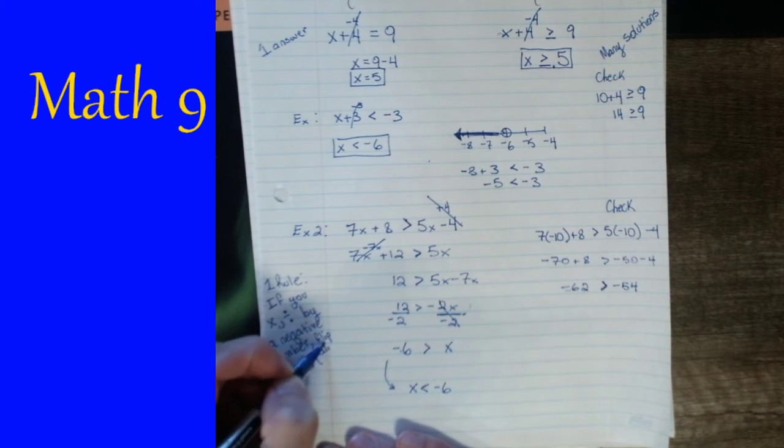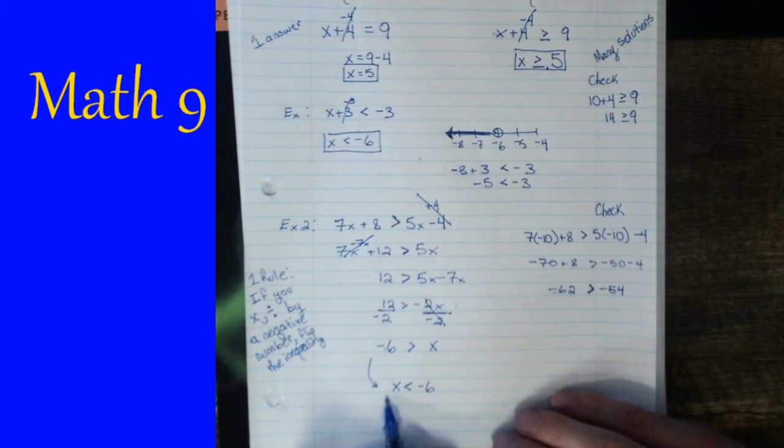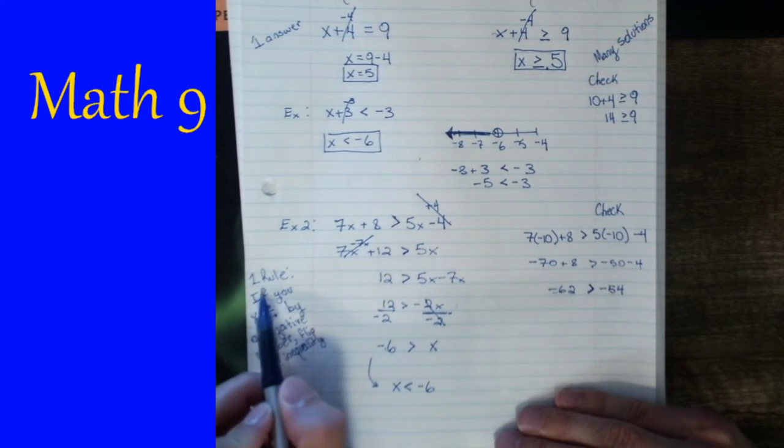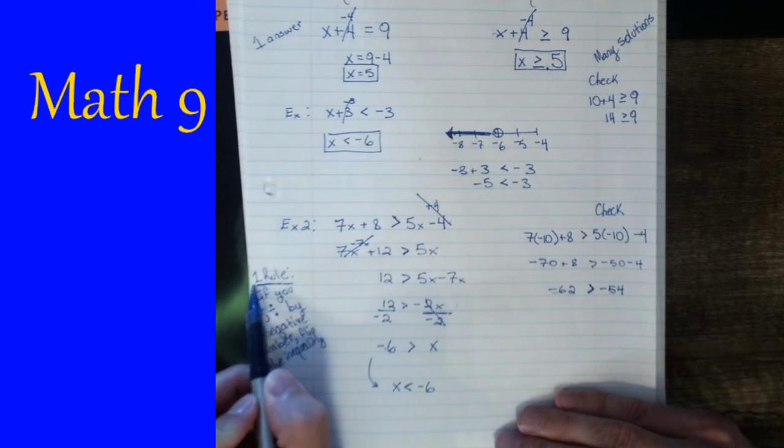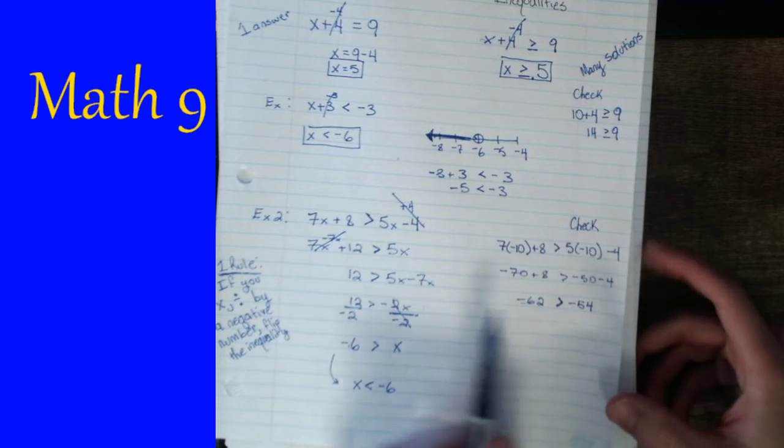This is why our solution here of negative 10 didn't work, because we didn't actually do this one rule, which I'm hoping sticks a little better if you actually see why.